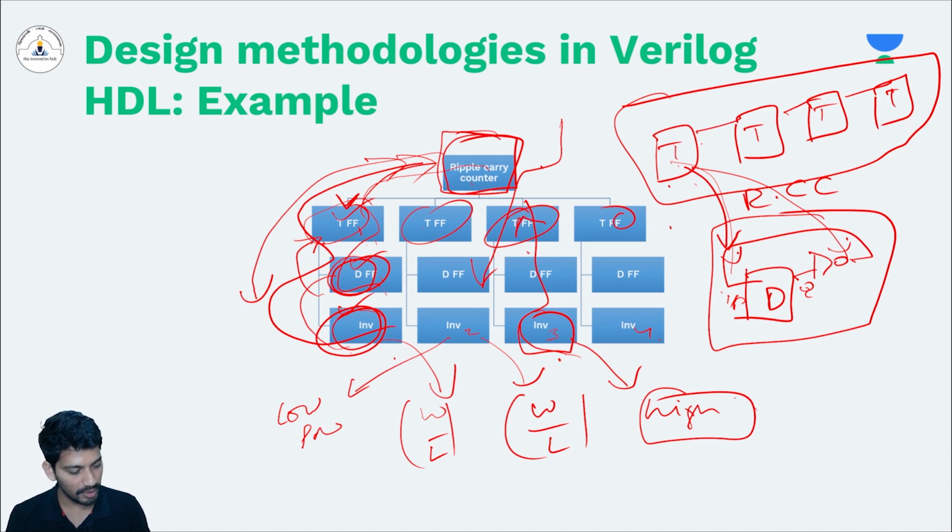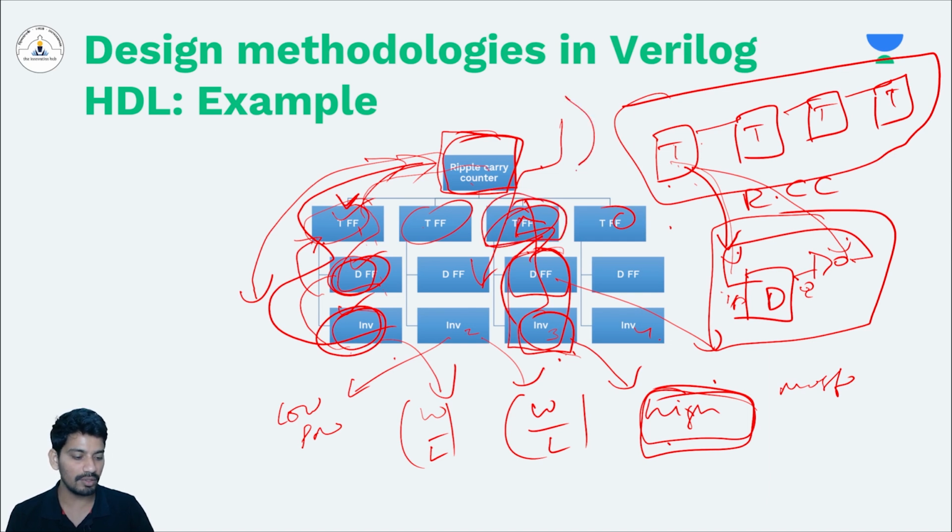First of all, you will design your own high speed inverter using MOSFETs, and then you will design your own high speed D flip-flops using MOSFETs, and then using these two, you will design your T flip-flop, right? Once your T flip-flop is ready, again you start doing your top-to-bottom approach as earlier.